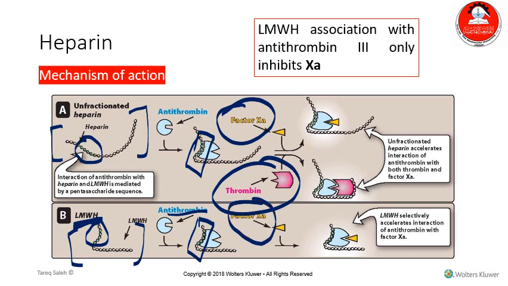It has very minimal or almost no activity on thrombin. That means that low molecular weight heparins selectively accelerate the interaction of antithrombin with factor 10 only, while unfractionated heparins accelerate the interaction of antithrombin with both thrombin and factor 10. So this is a very important difference between the mechanism of action of these two forms of heparin.